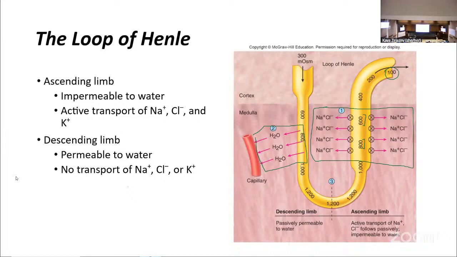So we usually think of water as being able to cross cell membranes whenever. This is the one time we're going to be thinking about cells that block water from crossing through.